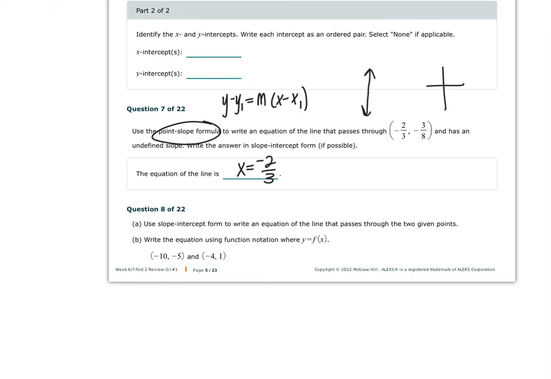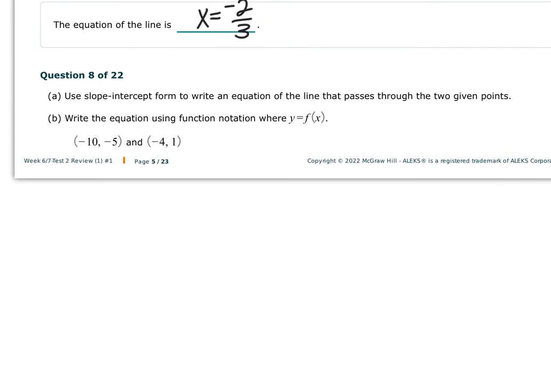Now the question gets more interesting on number 8, because we're writing the equation of a line again, and it does say to use slope-intercept form. That would be y equals mx plus b. Plug in your x and your y, and then your m to solve for b.